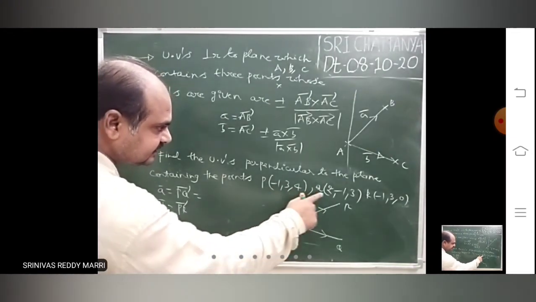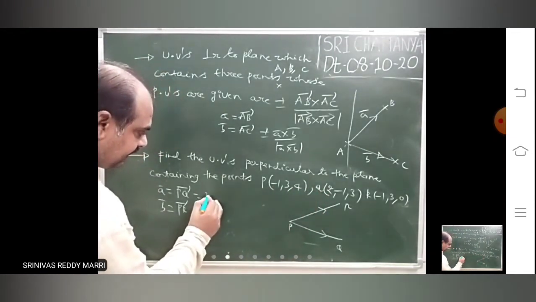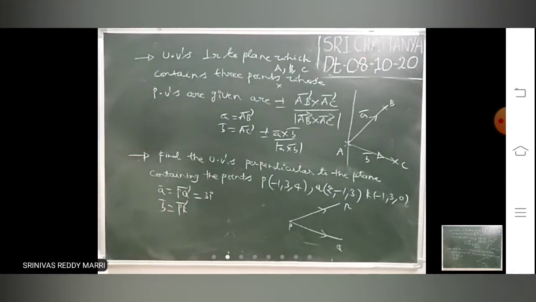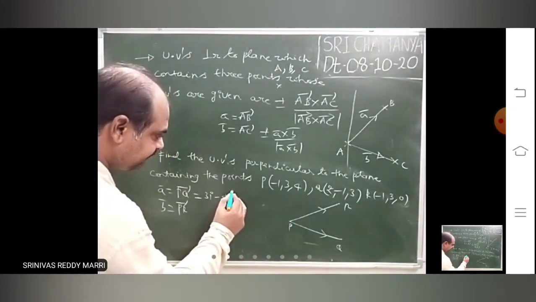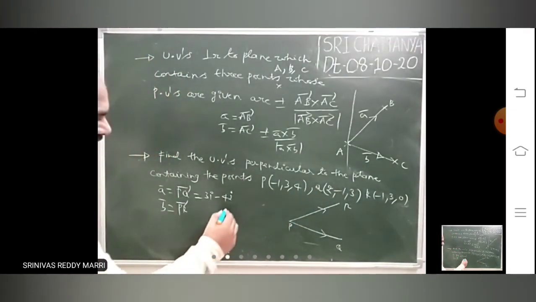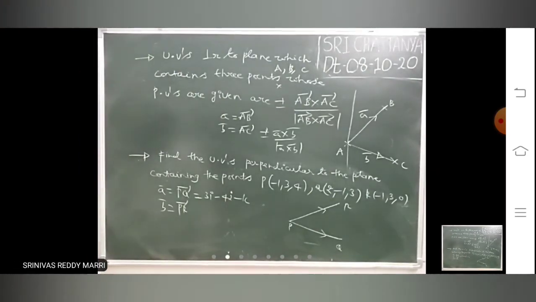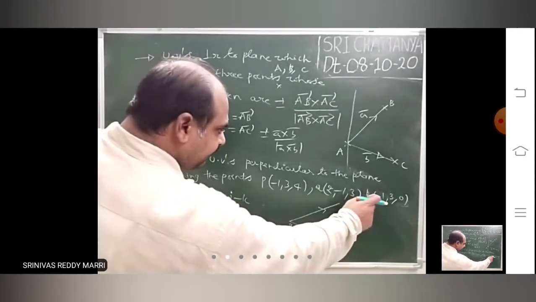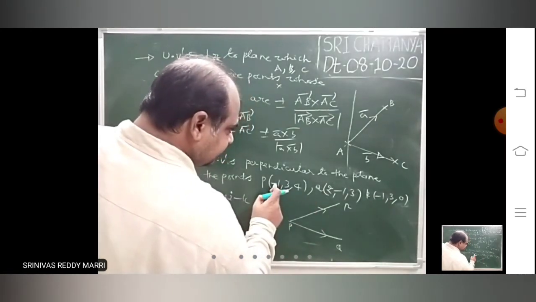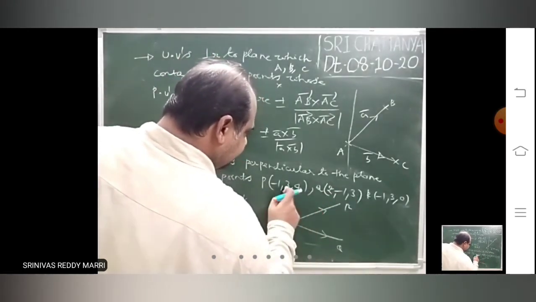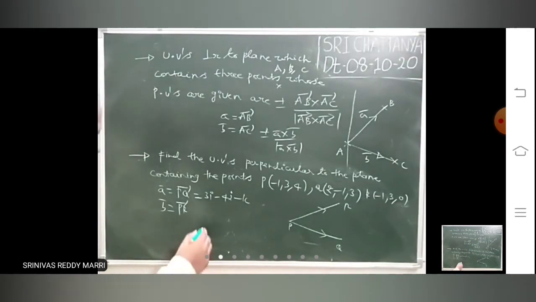So this minus this, you will get 3i minus 4j minus k. Now PR bar is OR bar minus OP bar, which gives 0i, 0j, and minus 4k.